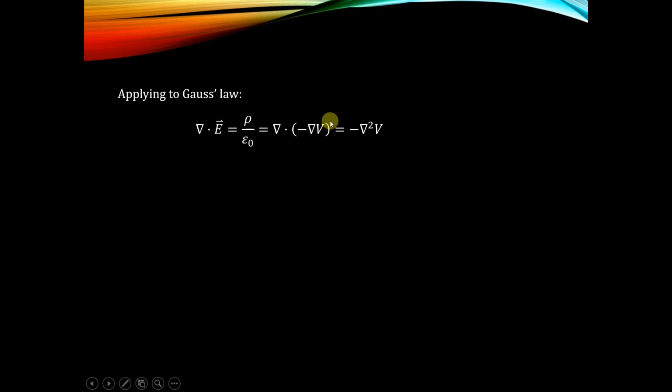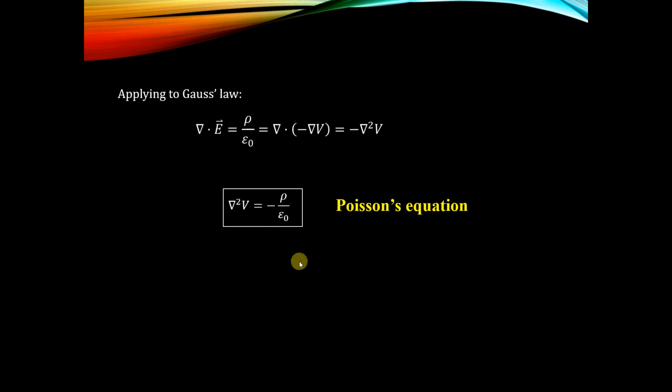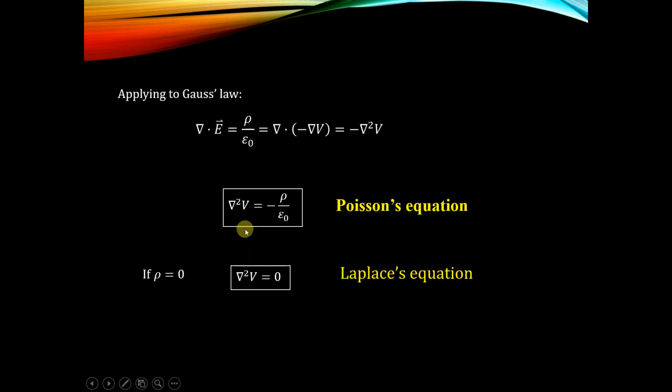Instead of E, I have written minus del V, which simplifies to minus del square V. Or I can say that del square V is equal to minus rho by epsilon naught, and this is the Poisson's equation. Now if we consider the volume charge density rho to be 0, then we get del square V as 0, and this is the Laplace equation.